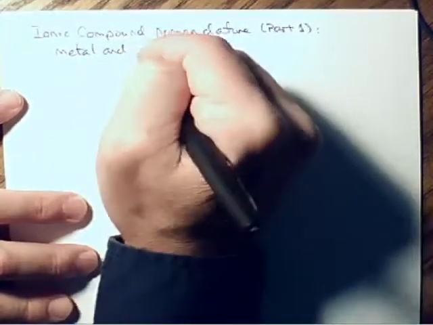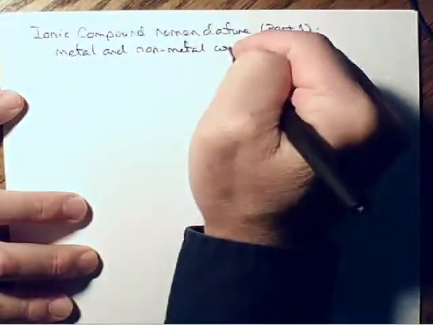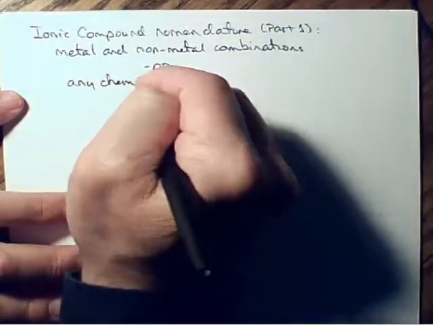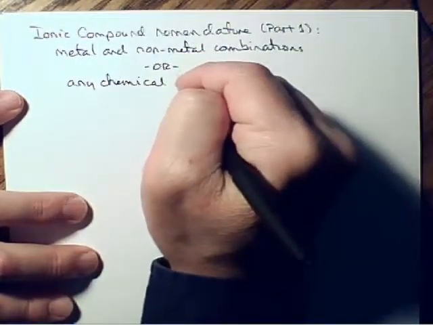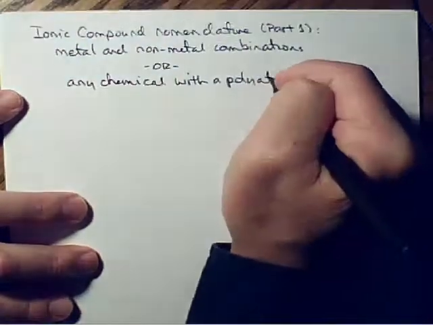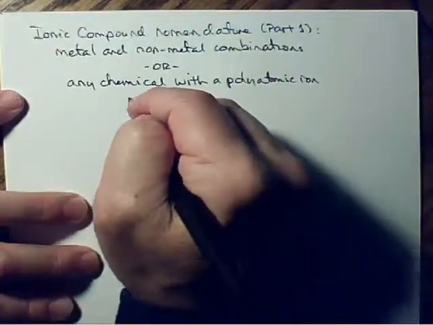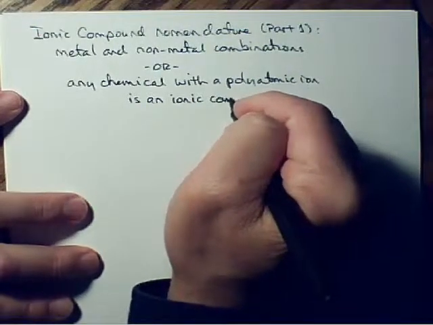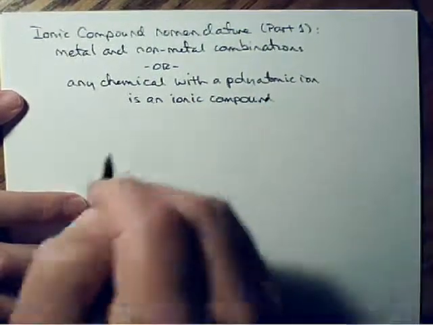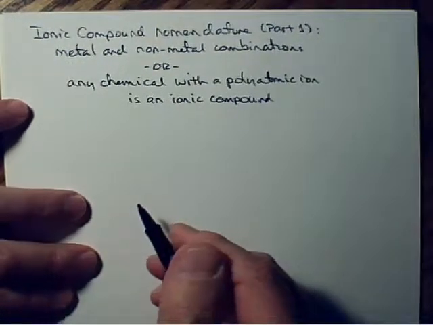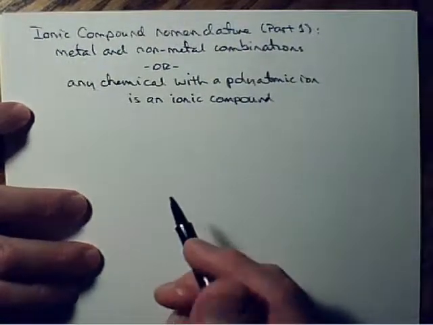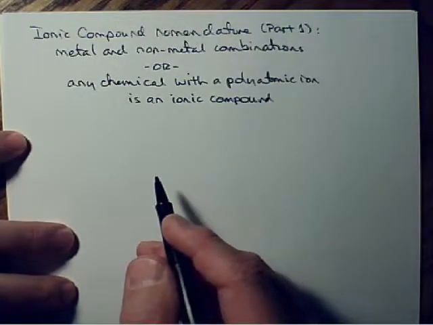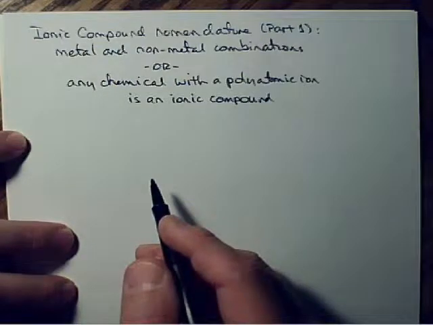Metal and nonmetal combinations, or any chemical with a polyatomic ion, is an ionic compound. Okay? And there are always exceptions, but generally speaking, you can largely depend on this. Pretty safe bet. Okay?